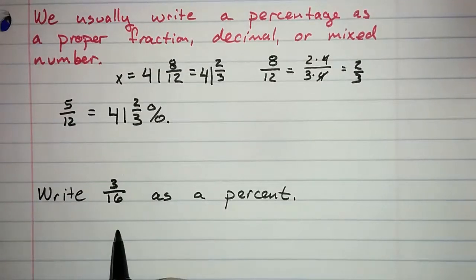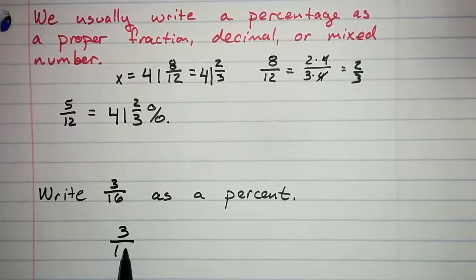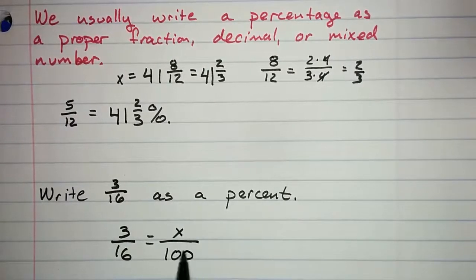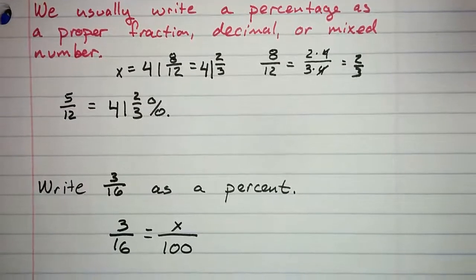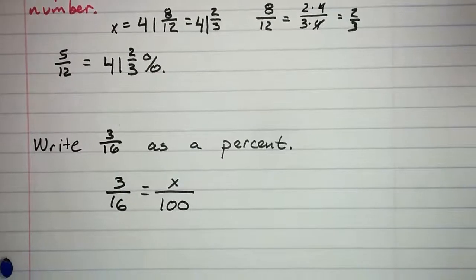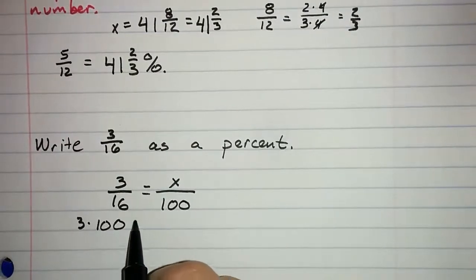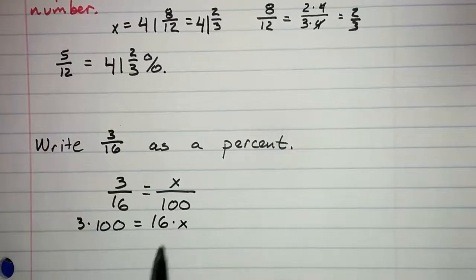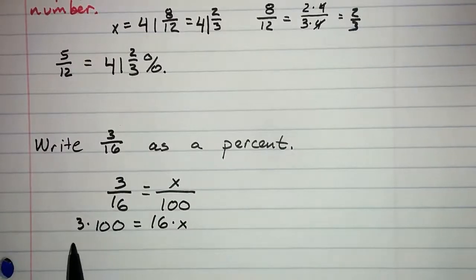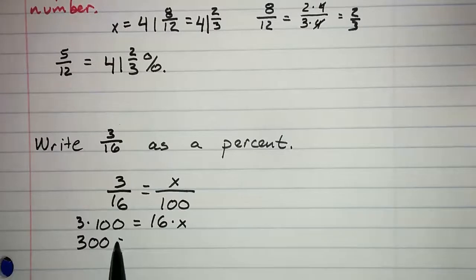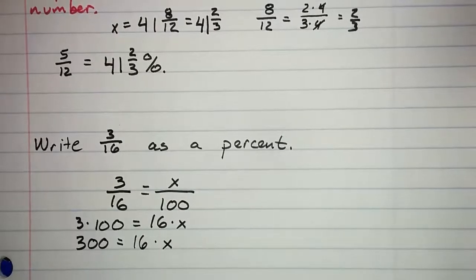So I've got my 3/16, and that's going to equal some fraction with denominator 100. What fraction? Let's cross multiply and find out. 3 times 100 is 16 times x. 300 is 16 times x.